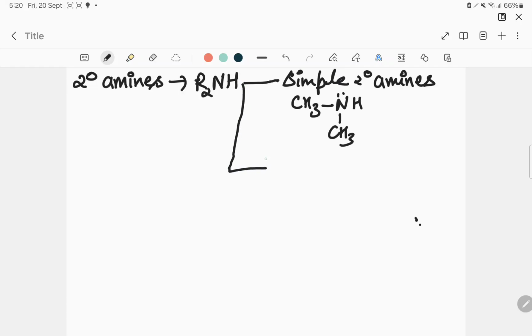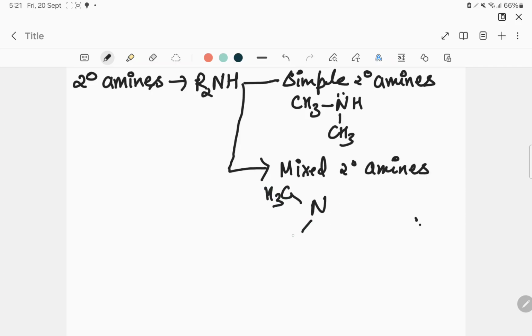What is mixed? Mixed secondary amines means that both the alkyl groups will be different, like N, CH3, C2H5, and H. Now tertiary amines have three alkyl groups attached to nitrogen.